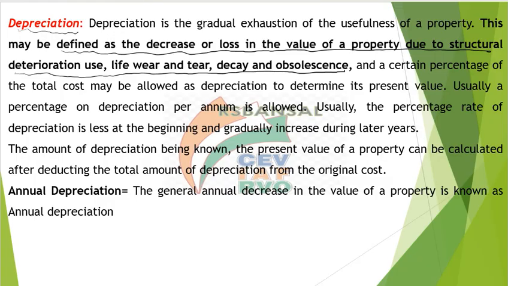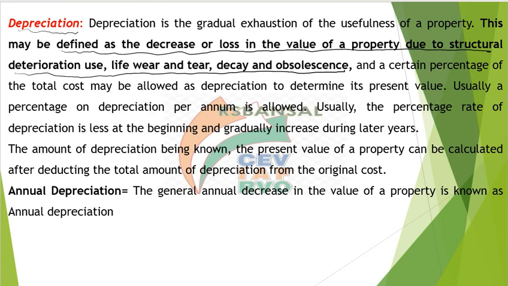Why? Because of deterioration in the building, use of the building, life of the building, wear and tear, decay of certain components, and up to certain extents obsolescence in the building.